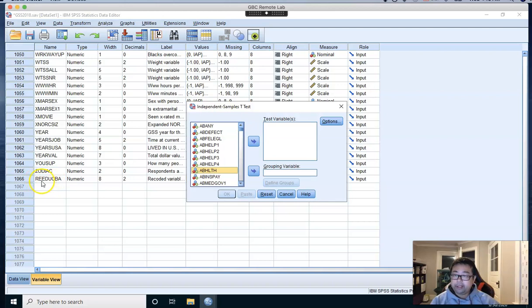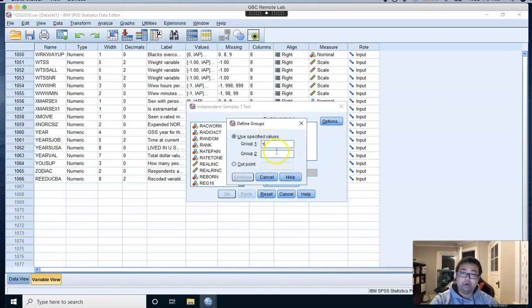So we created this variable in the previous video. You can type it very quickly. The grouping variable goes in here. We already know that the first category is below BA and the second category is over BA, so we can define the groups as 1 and 2 because we already coded those variables using the attributes 1 and 2.